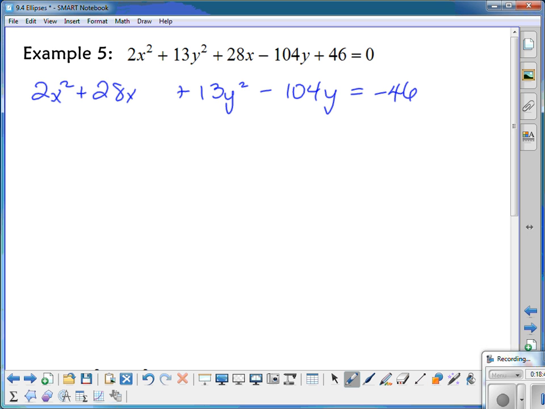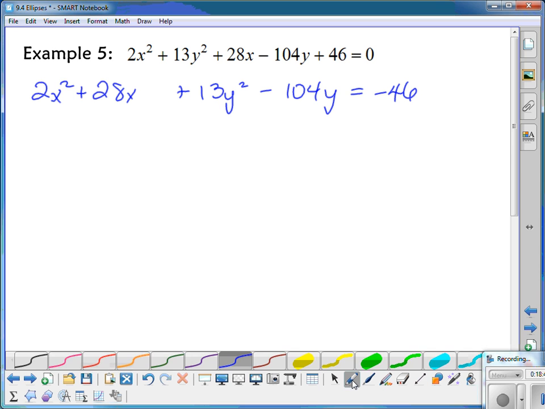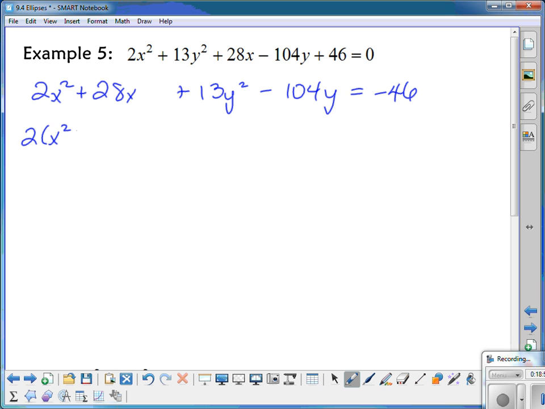So again, be careful with your signs. Don't make it a positive 46 or that's going to mess everything up. Now I have to complete the square. So before I can complete the square, I need to factor that 2 out. And factor the 13 out from the y's. So in my first parentheses, I've got x squared plus 14x.